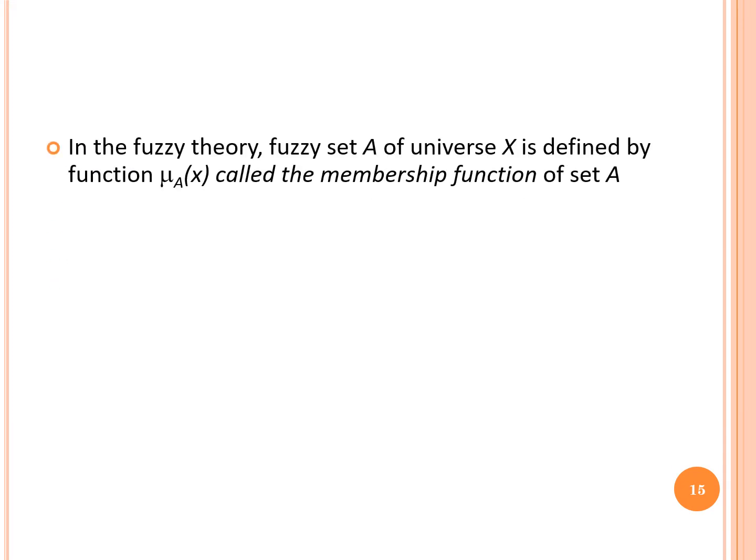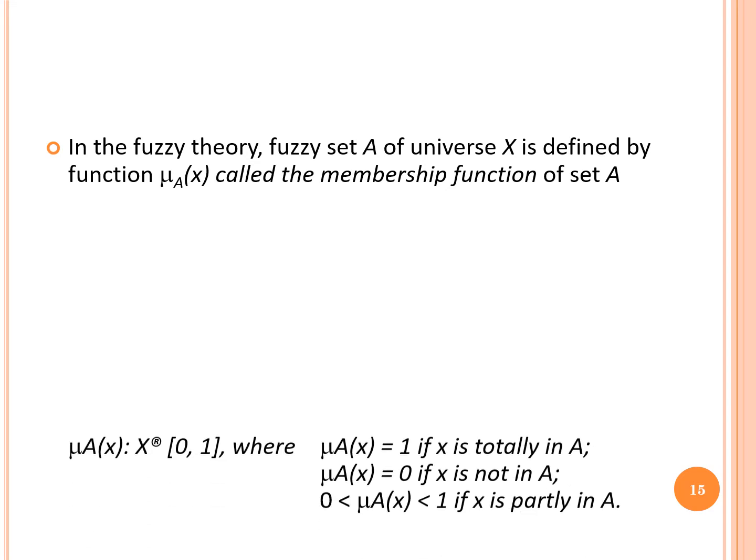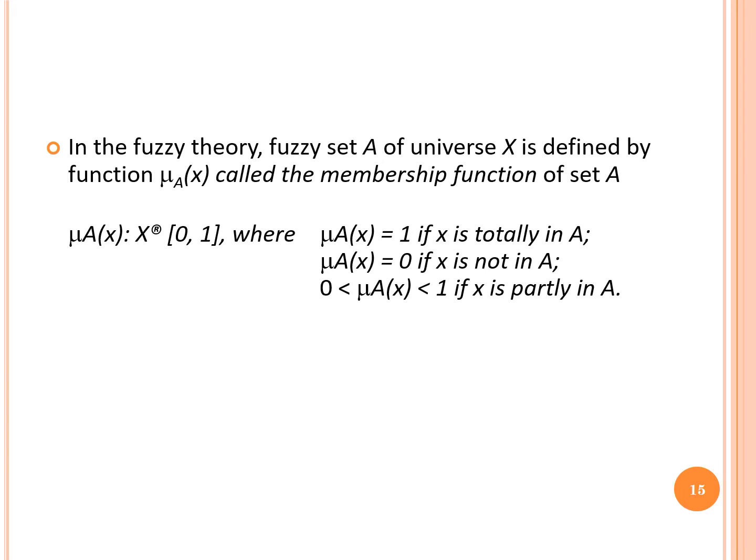But in fuzzy, a fuzzy set of universe X is defined by a function called the membership function of set A. It can range between 0 and 1.